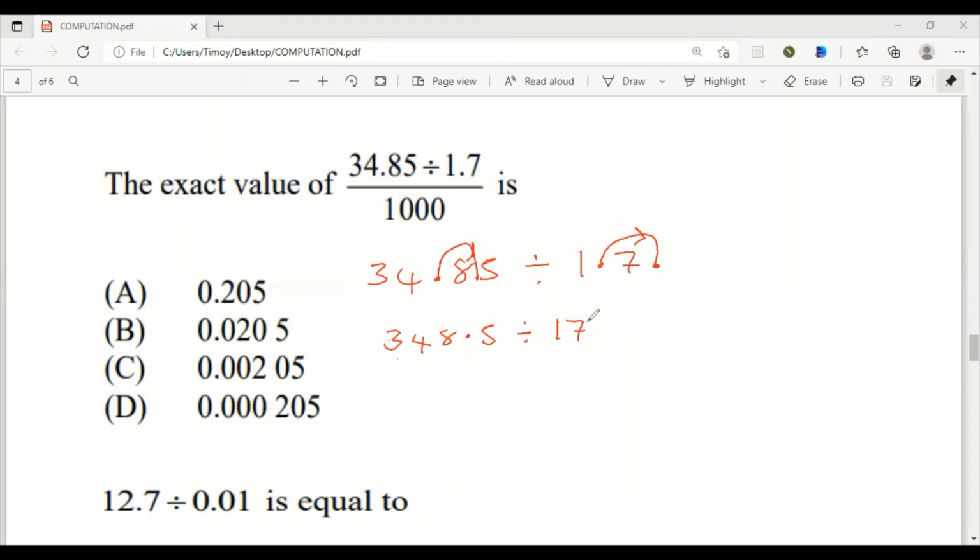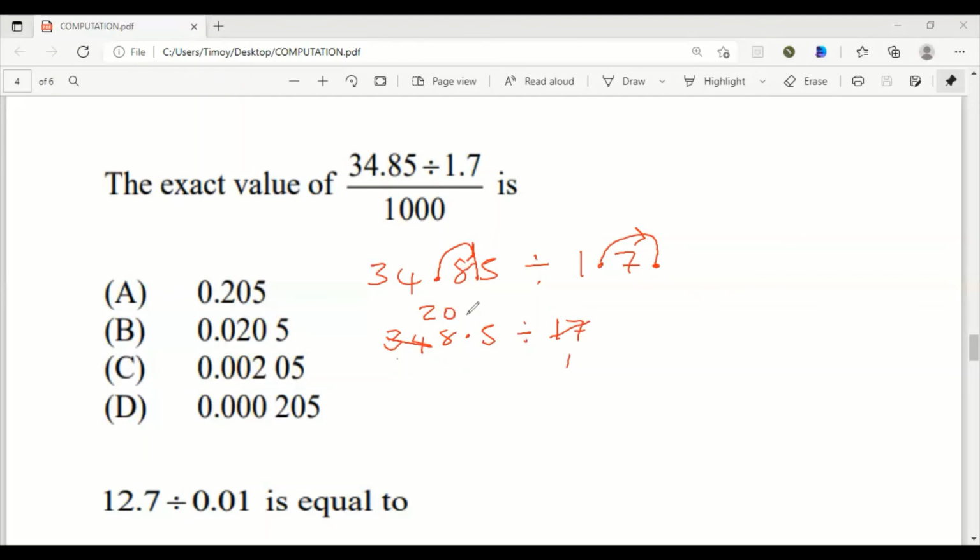Now 17 into 17, that will give us 1. How many groups of 17 can we get out of 34? That would be about 2, right? And 2 times 17 will give us 34. How many groups of 17 can we get out of 8? That would be 0.